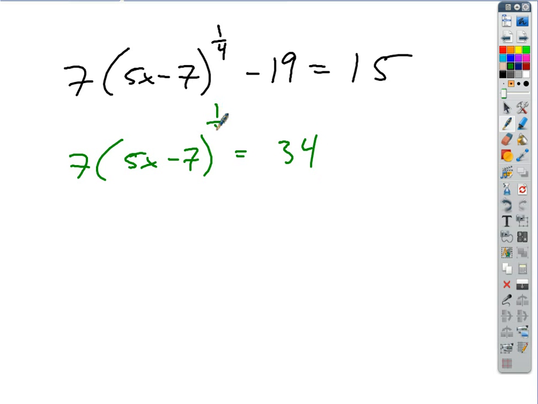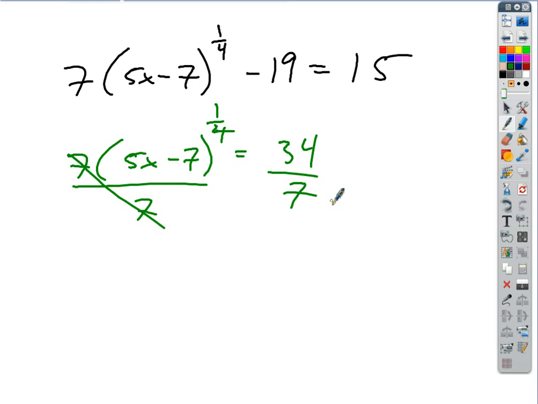This is going to be a huge number. So then I would divide by 7, right? This would be a calculator kind of problem. When we cube this, we're going to get some big stuff.